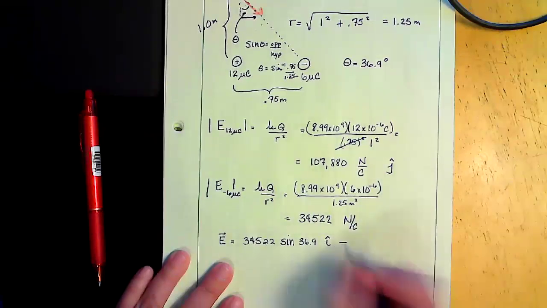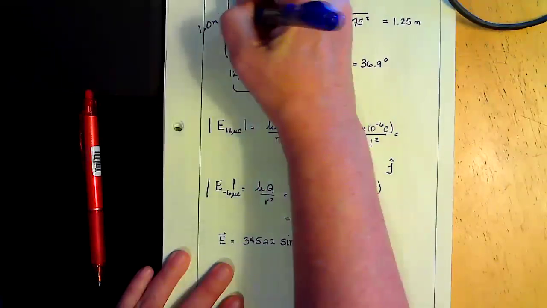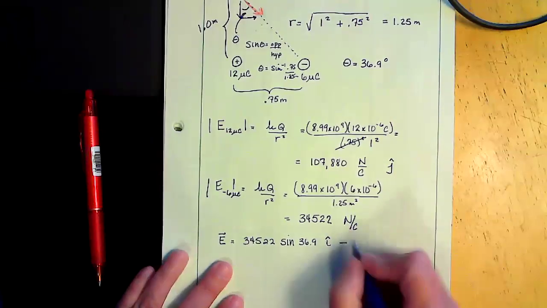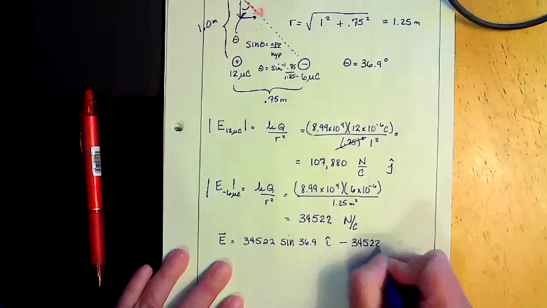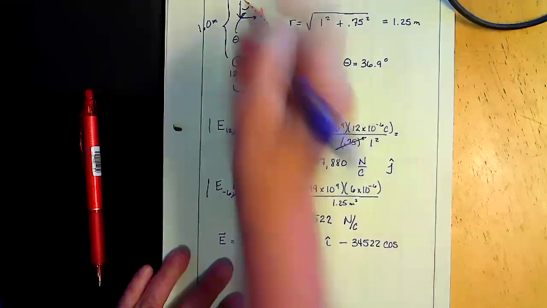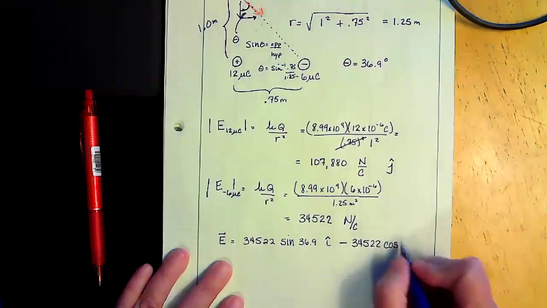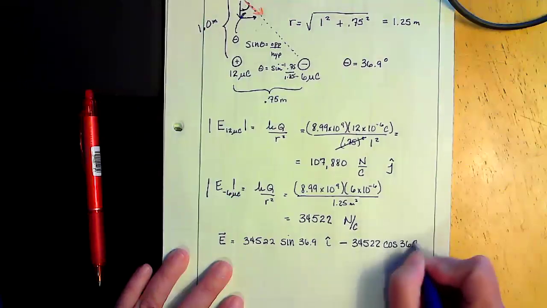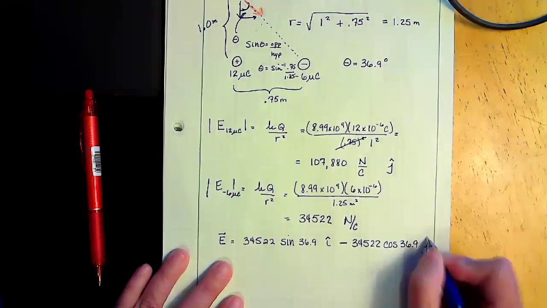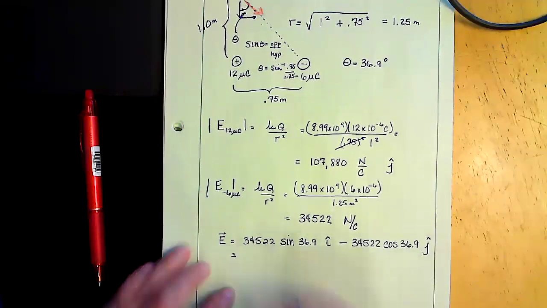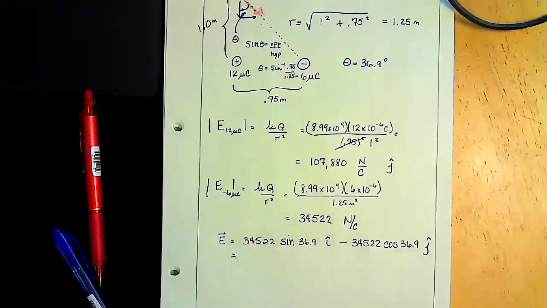Then I'm going to have the negative 34522, and this will be the cosine because I'm dealing with this angle, 36.9, in the J direction. So I'll go ahead and do those calculations.